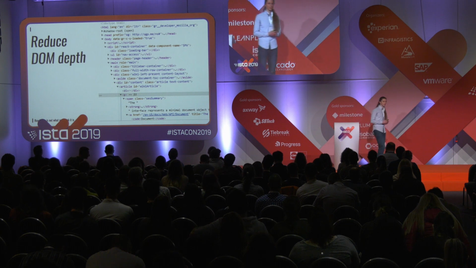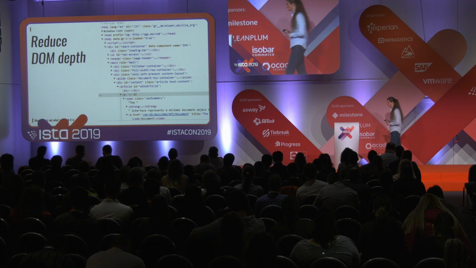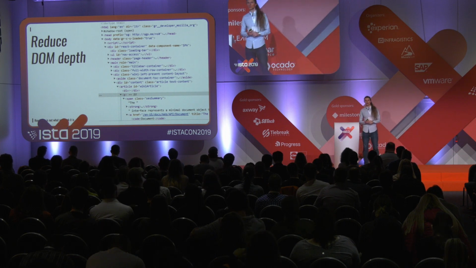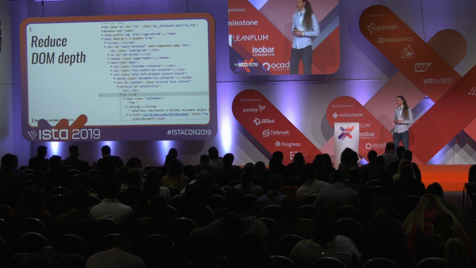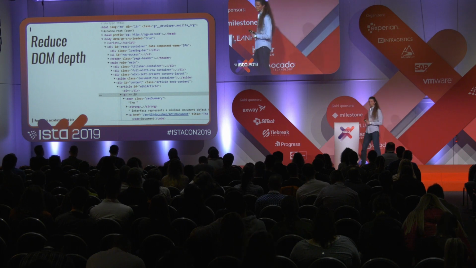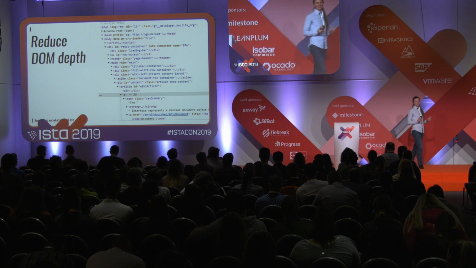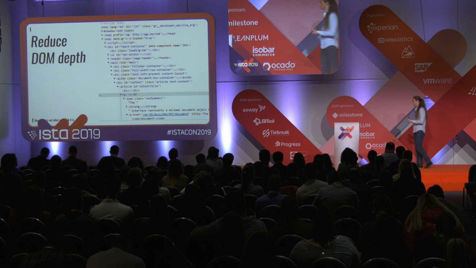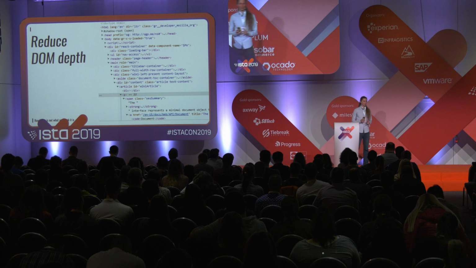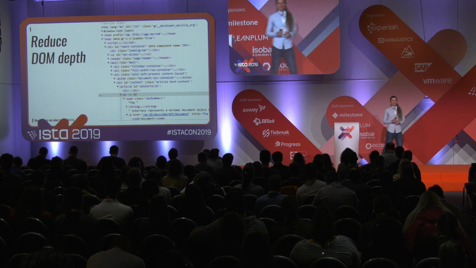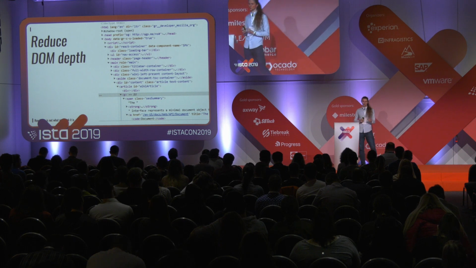The same goes for depth. Traversing the DOM tree gets slower and more complex the more nested elements you have in your page. So whenever you feel like, let's refactor this and make some additional wrappers around it so that it's easier to read and easier to do, this is generally fine, but you shouldn't overdo it.